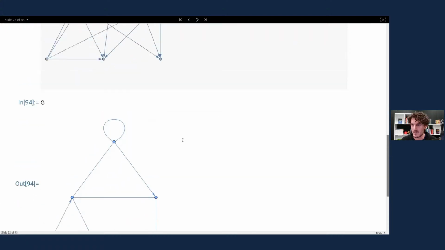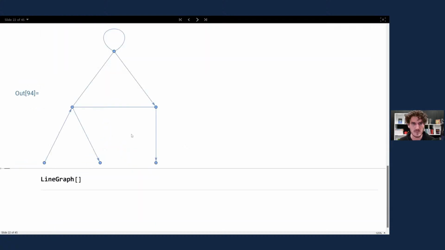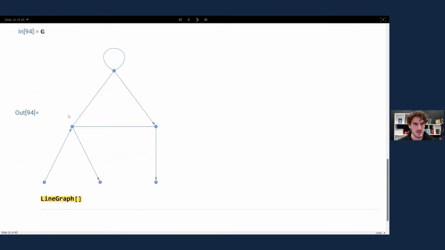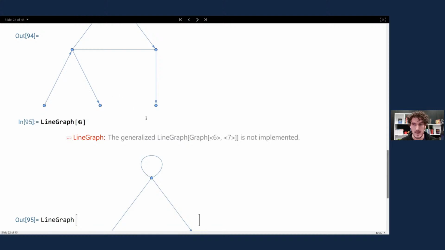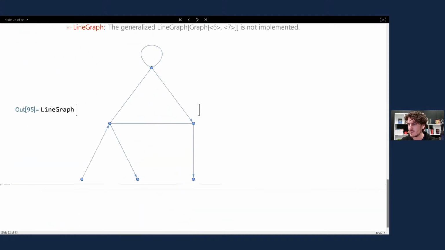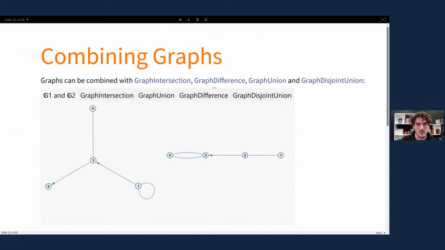If you're a mathematician, you work with the reals, the real numbers, the complex numbers, and you want to define your variables and symbols accordingly. This might be something of interest to you. But yeah, if I do line graph of this, I actually get an error. So I'm open to people telling me why this is perhaps.